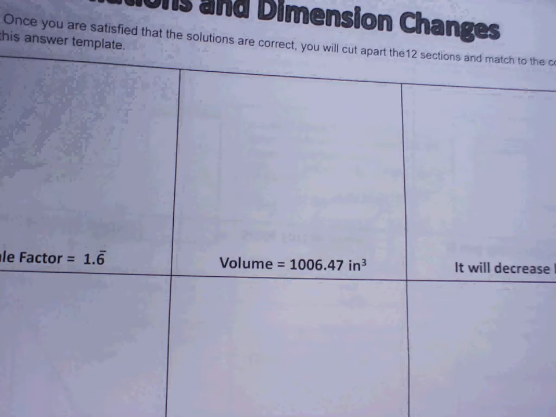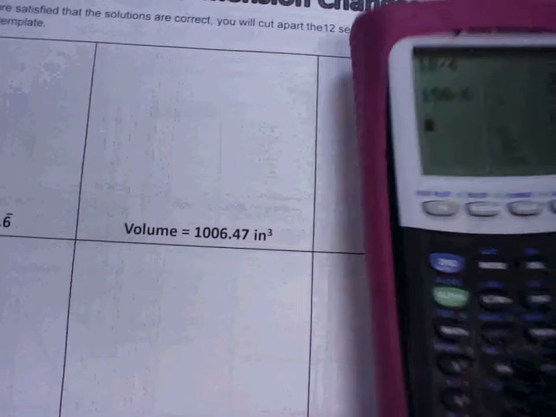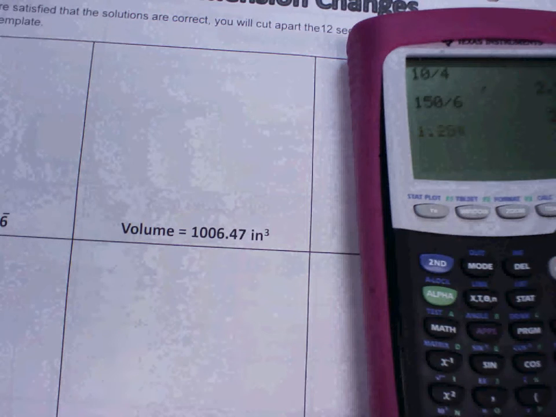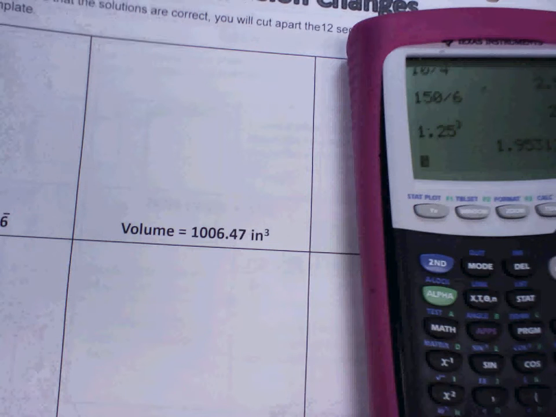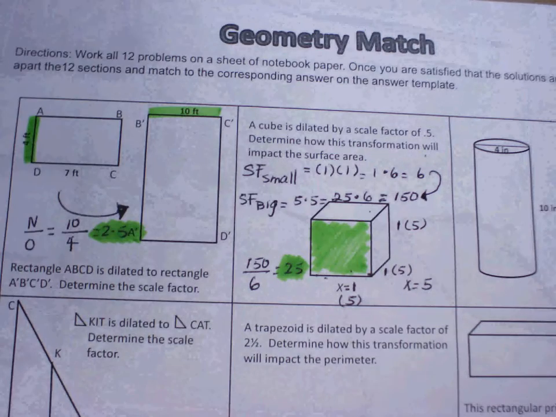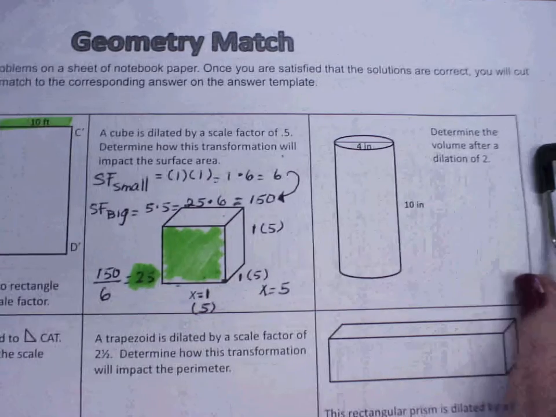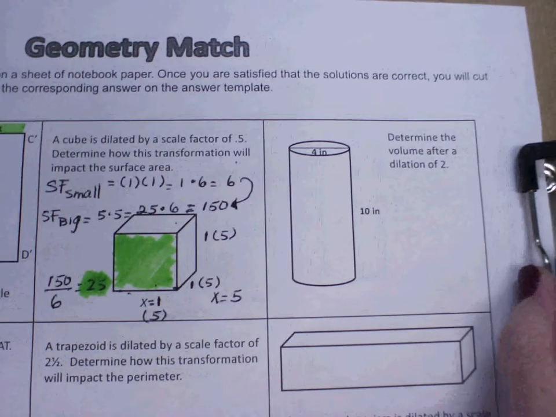Do you see it? I don't see it, but we did it right. What is 1.25 to the third? 1.95. All right. I know we did it right, so let's skip that one, and maybe by process of elimination, we can do that at the end, right? Figure out what the answer is.